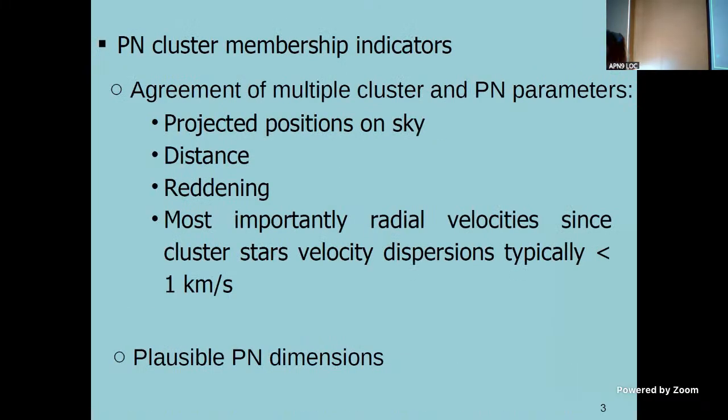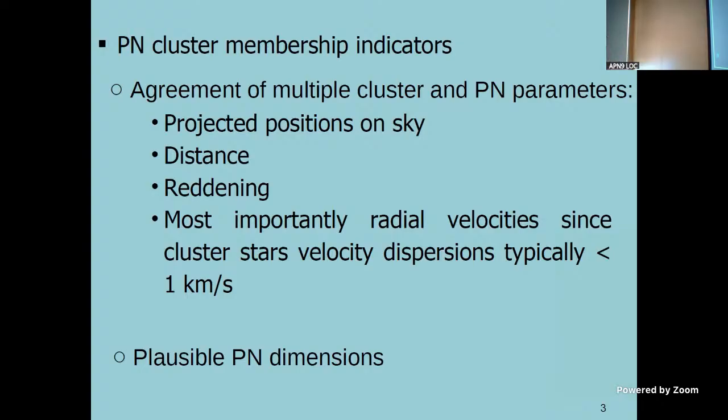How can we actually define that a planetary nebula belongs to a cluster? Indicators can be the agreement of multiple cluster and planetary nebula parameters, such as their projected positions on the sky, their distances, reddening, but most importantly the radial velocities, because cluster stars have very low velocity dispersion, typically less than 1 kilometer per second.